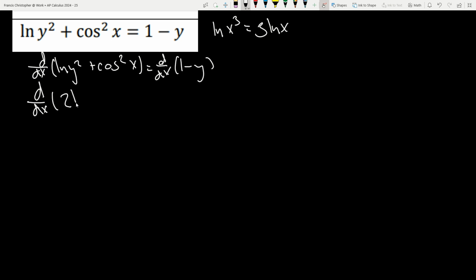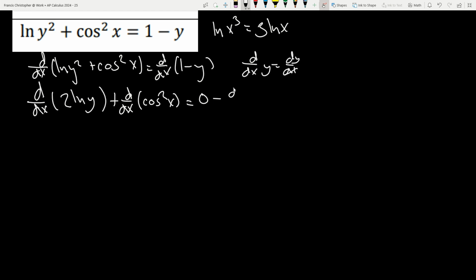So this would be 2 natural log y. And if you're confused how I got this, then you're going to have to go back and review some of your algebra, but I can help with that as always. Dx cosine squared x equals this constant 0 minus, and d dx y is just dy dx.